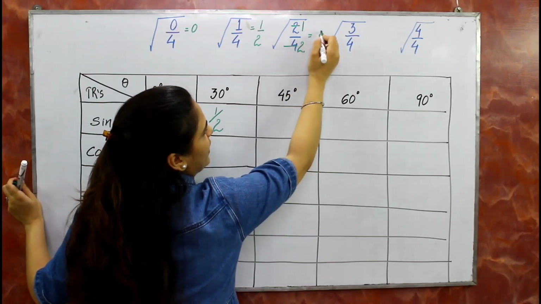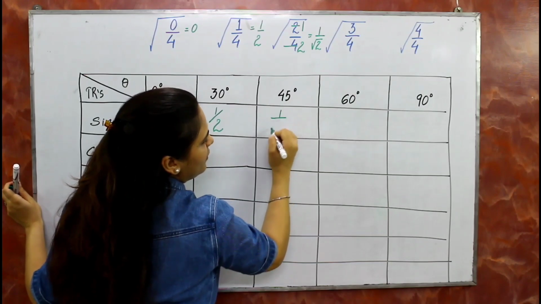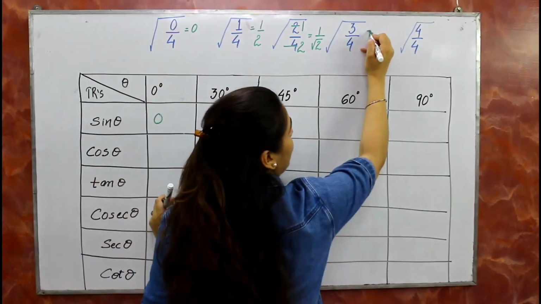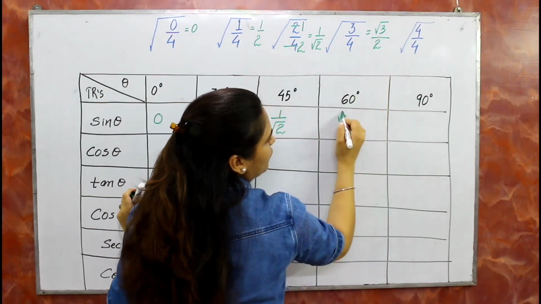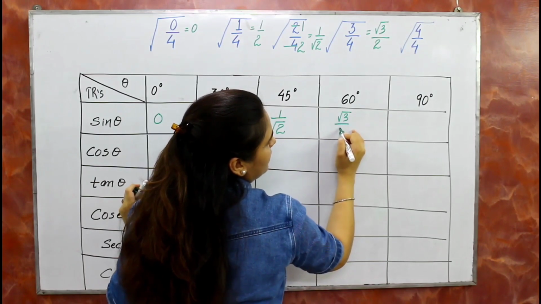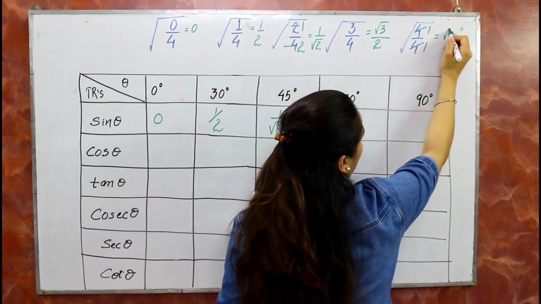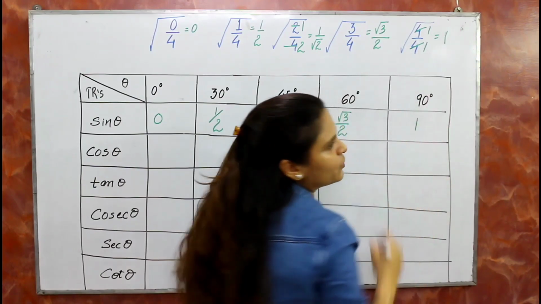Square root of 1 is 1 and square root of 2 is root 2, so this will be the value of sine 45 degree. Square root of 3 is root 3 and square root of 4 is 2. This is the value for 60 degree. And square root of 1 is 1, so sine 90 is equal to 1.